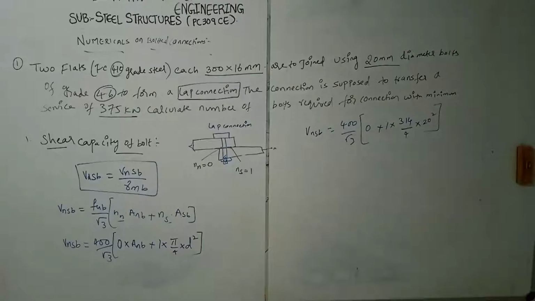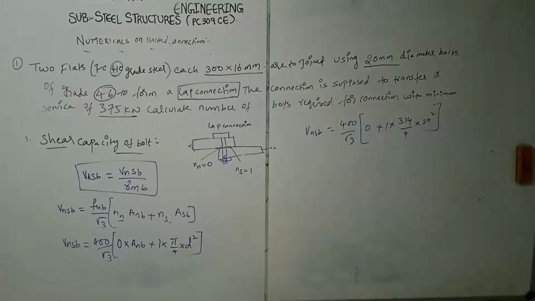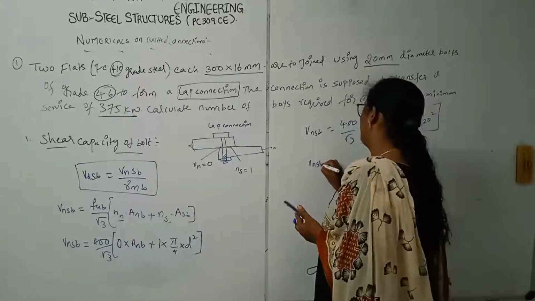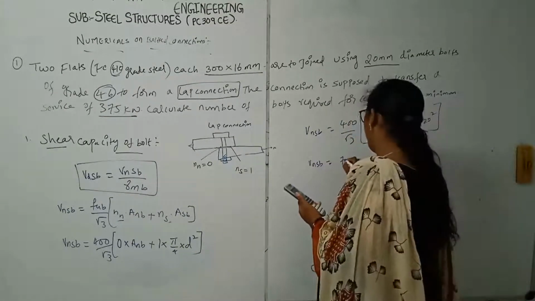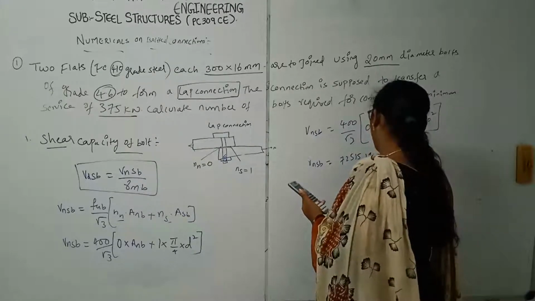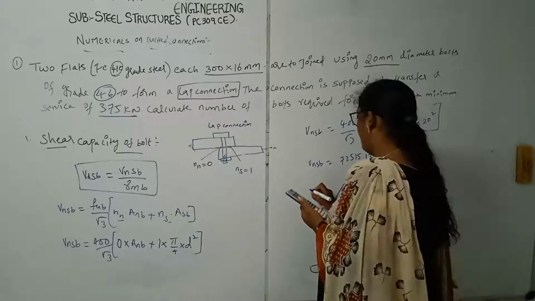What is the value here? So here the VNSB is 72515.19 newtons.